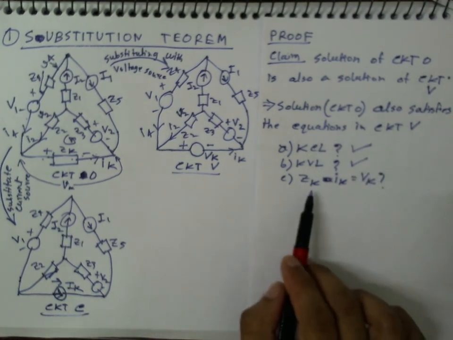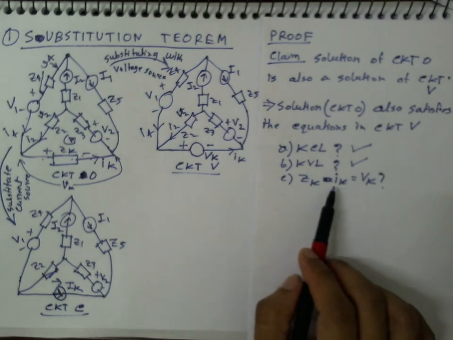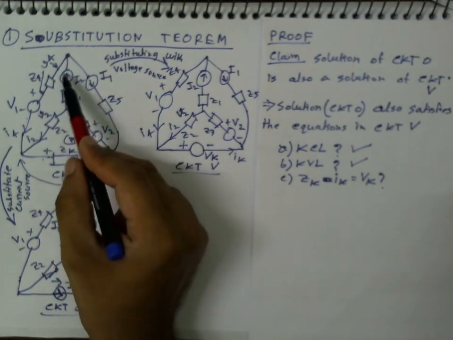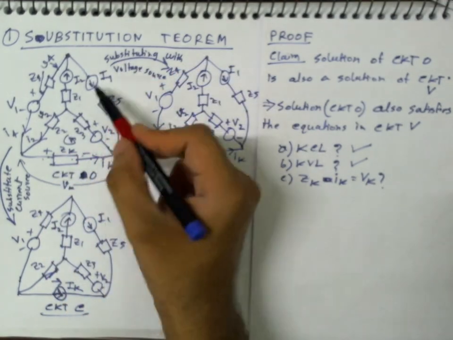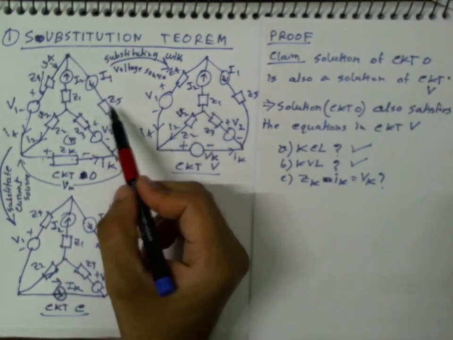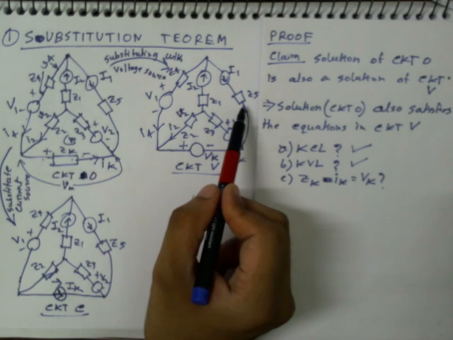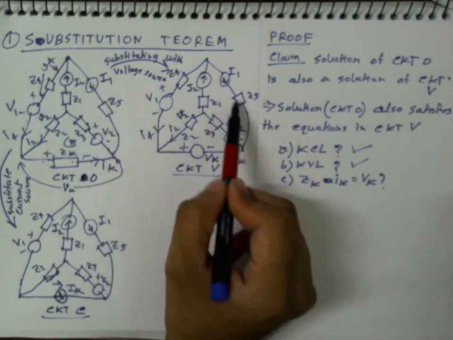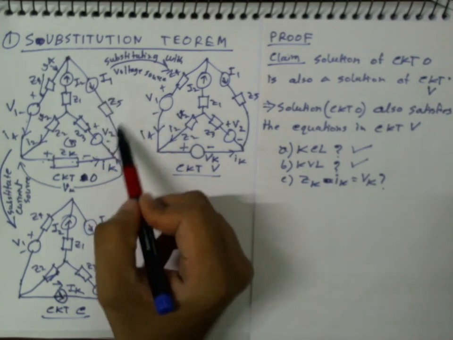Now this one, ZK. Okay, so anyway, see, no impedance is changed. So here I had Z5, here also I have Z5. This current was I1, this is also I1, and I'm taking the same voltage.